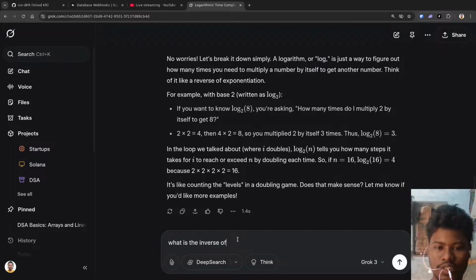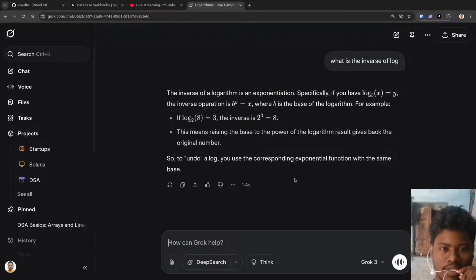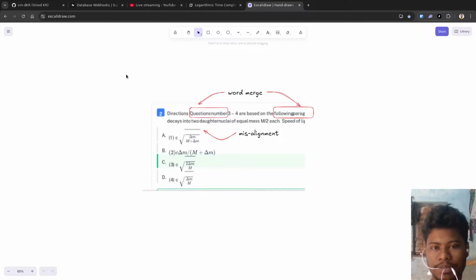What is the inverse of log? 2 to the power 3 is 8. Okay, what does it mean?